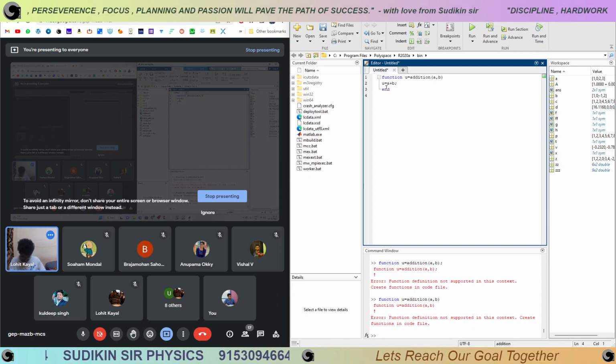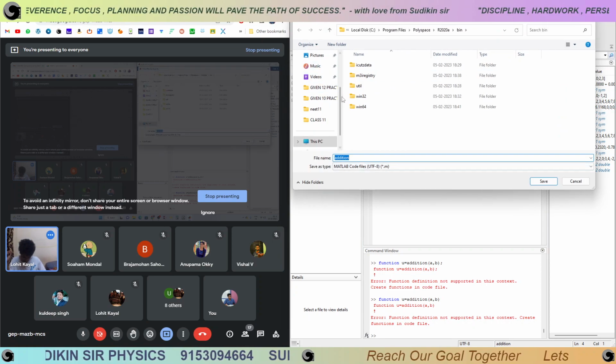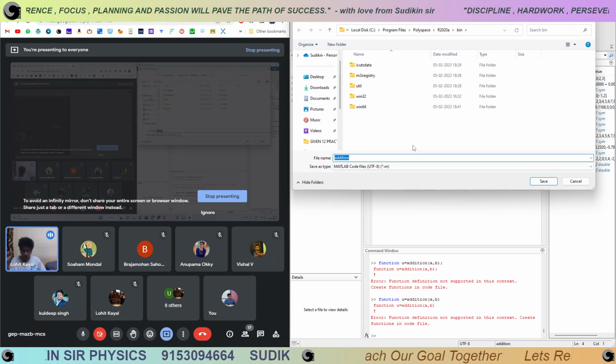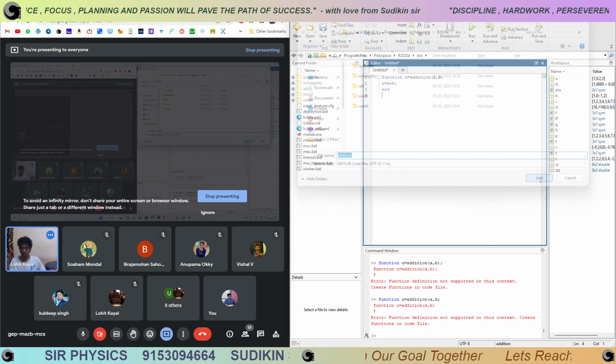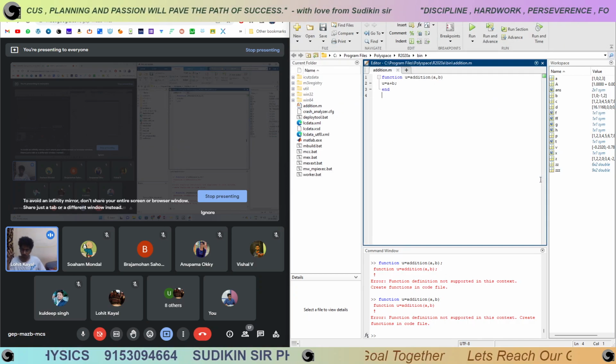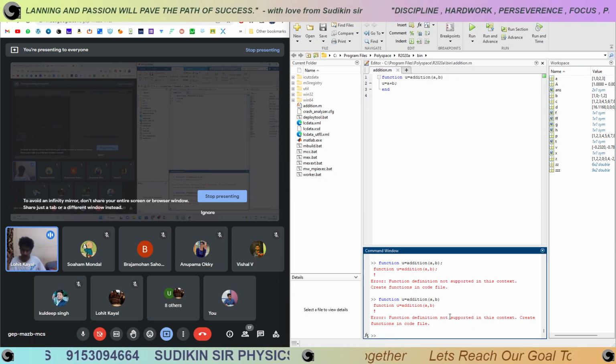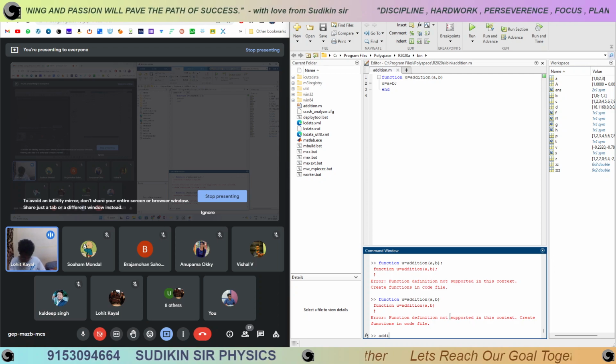Yeah, save it. You see that the name is already addition.m. Now go to the command window and write addition 2,3. Be sure that it is in the same folder.